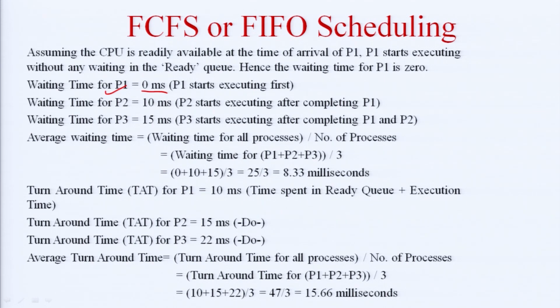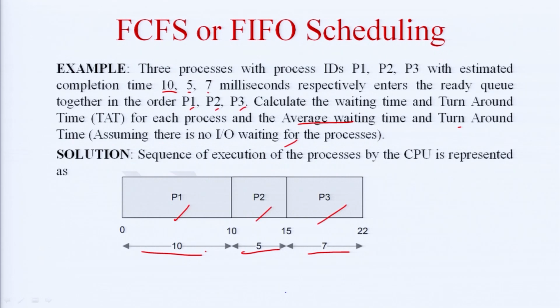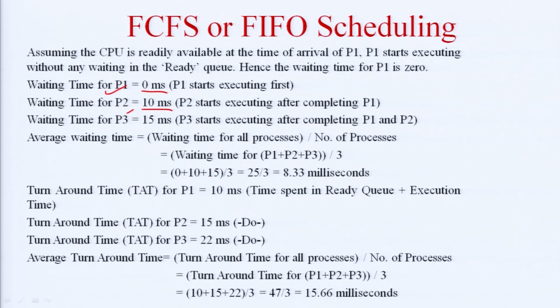Now, the second task is P2. The waiting time for P2 is 10 milliseconds. How? Because the execution time for P1 was 10 milliseconds. So, as long as P1 is being executed, P2 has to wait. So, the waiting time for P2 becomes 10 milliseconds.